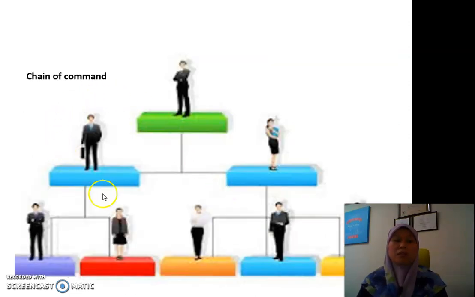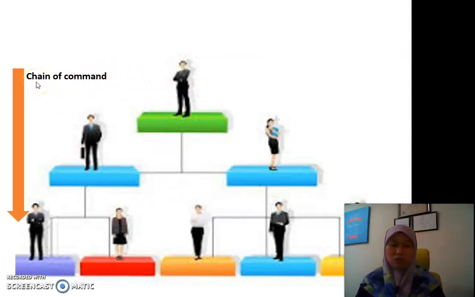In this typical organization, the chain of command is the flow from top to bottom. For unity of command, only one person gives the instruction. The scalar principle is the line connected to each of the employees, so these two employees report to this person, who is the main boss.